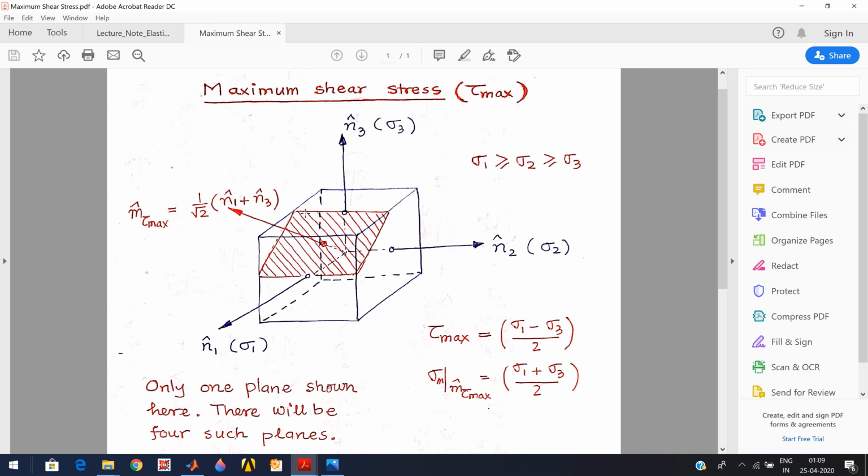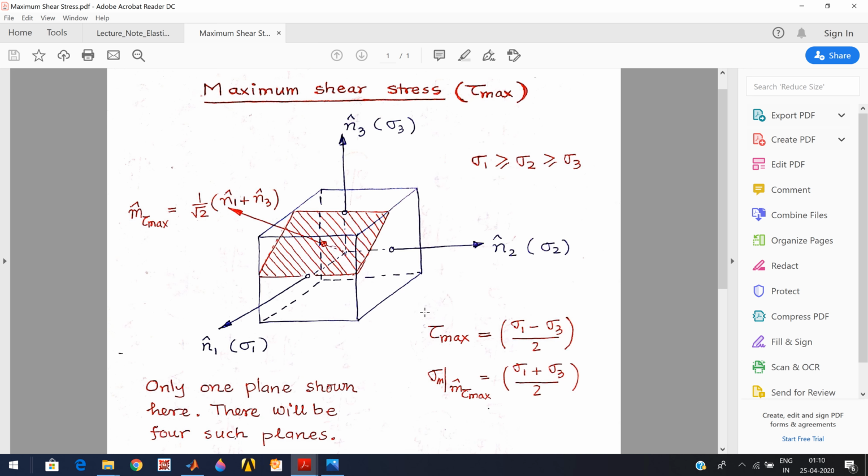And here I have just shown only one plane, but there will be four such planes. Because you can see n1 will be along this negative side also. So it will be going from this to that, and then the 45 degree plane from minus n1 and n3, and n1 and minus n3, and the 45 degree between minus n1 and minus n3.